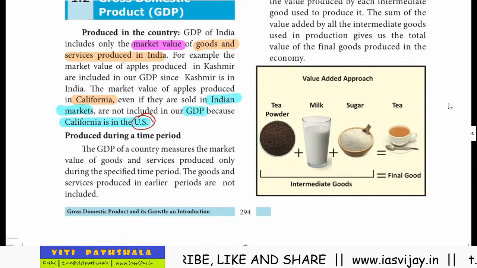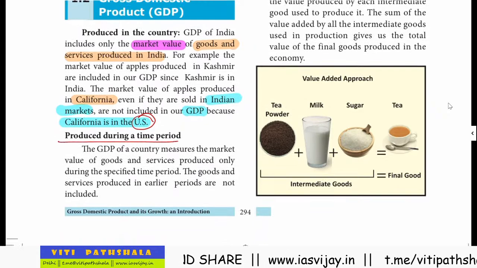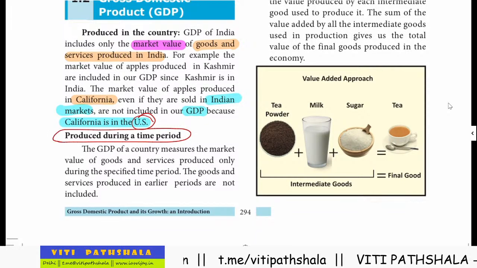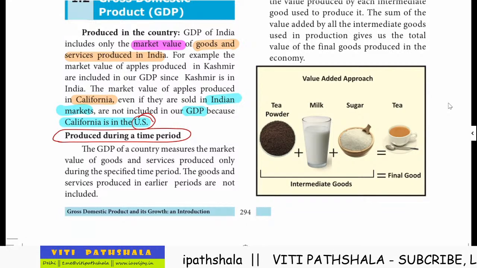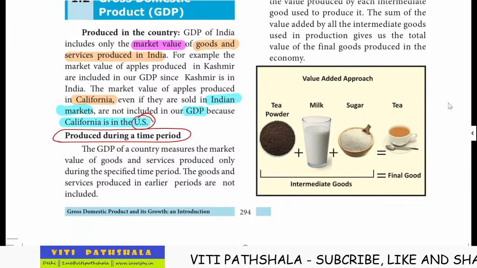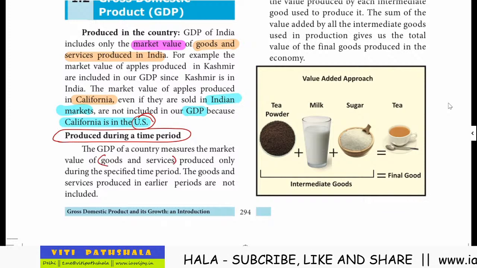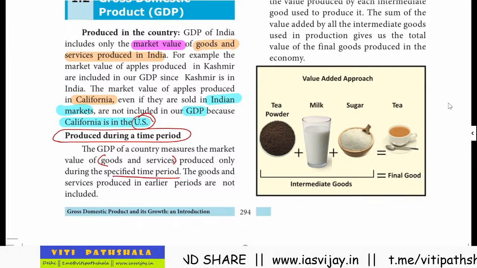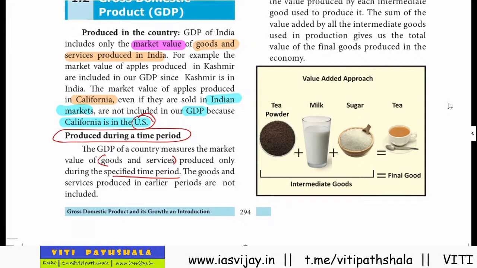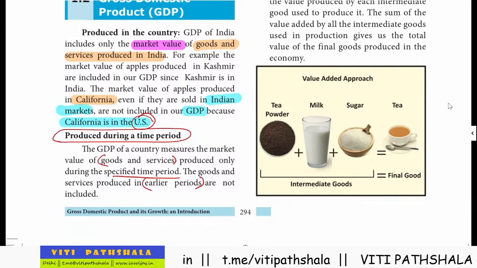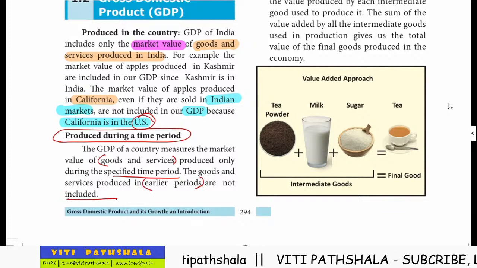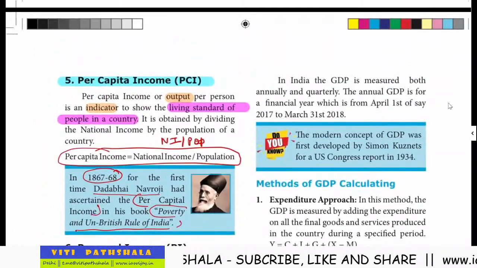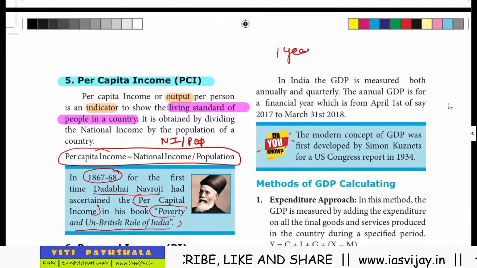Next comes produced during a time period. The GDP of a country measures the market value of goods and services produced only during a specific time period. The goods and services produced in earlier periods are not included. The specified period is a 1 year time period.